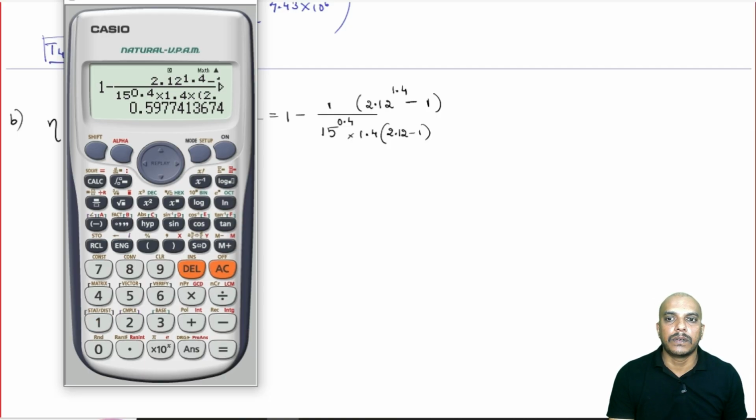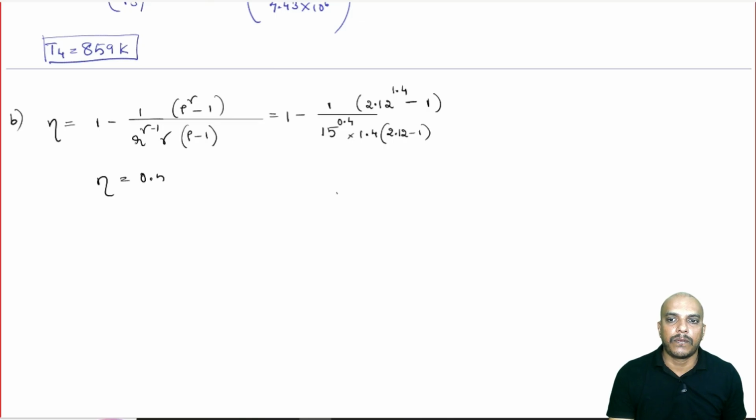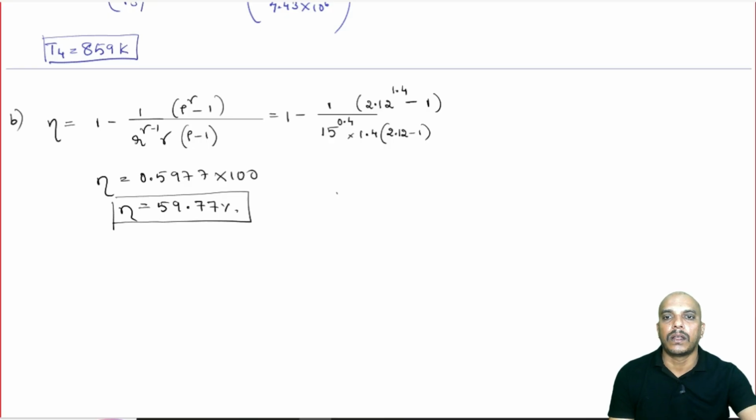So, 0.5977, but it has to be multiplied by 100. So, that will be 59.77 percentage. So, this will be our air standard efficiency. All right. Now, let us go for subquotient C.